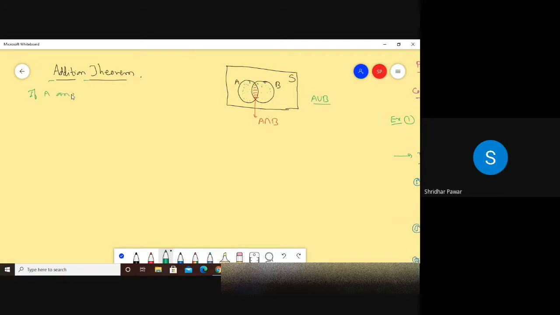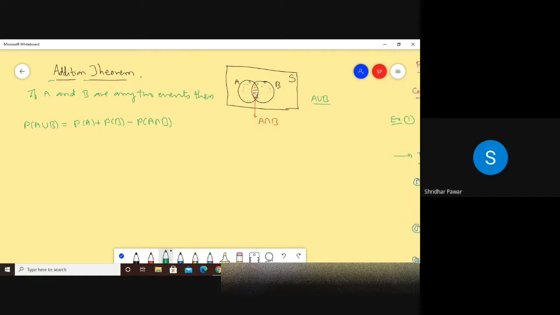If A and B are any two events, then probability of A union B is equal to P of A plus P of B minus P of A intersection B.